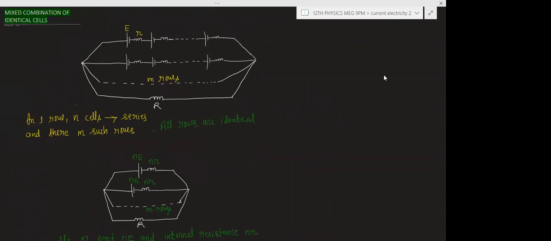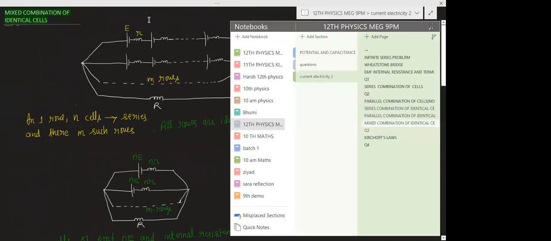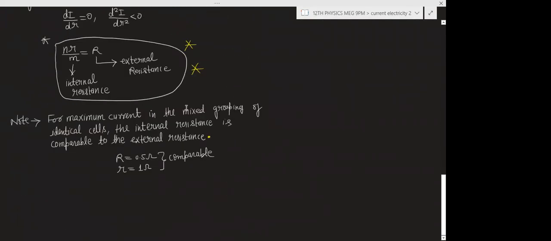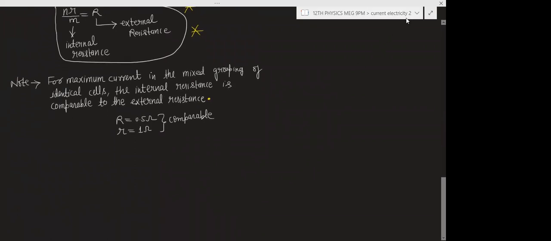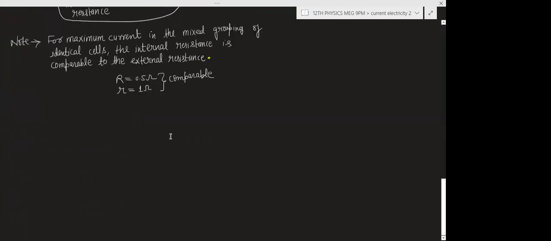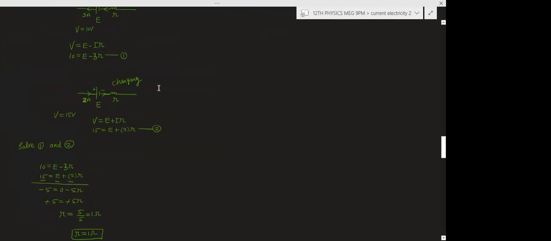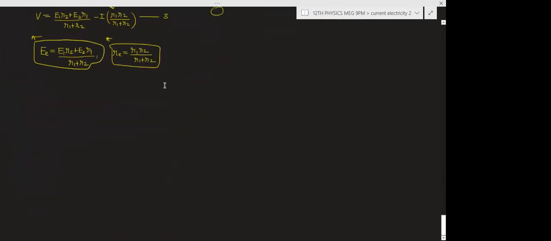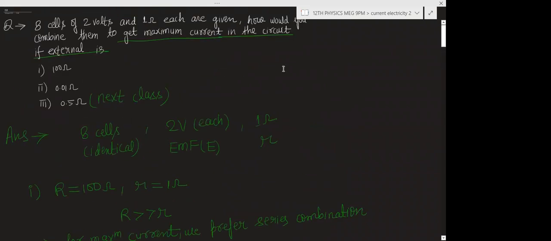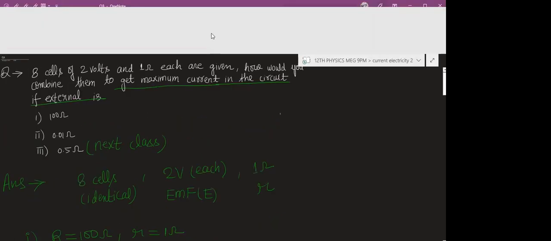Okay, fine. So just see this question now. This is the question we have: 8 cells of 2 volt and 1 ohm. We are solving this question from the starting.